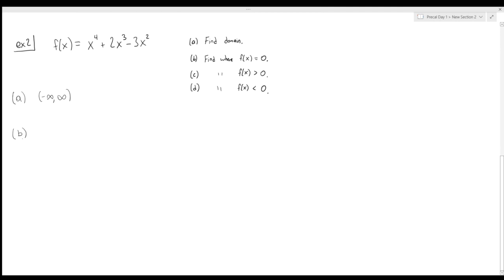Okay, now to check where f of x is equal to 0. Just as in the previous example, we want to factor this function. If we were to try and factor this, it looks a little bit more complicated this time because you have higher power terms. What should we do if we wanted to factor this function?